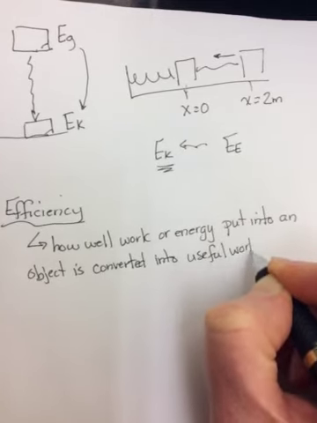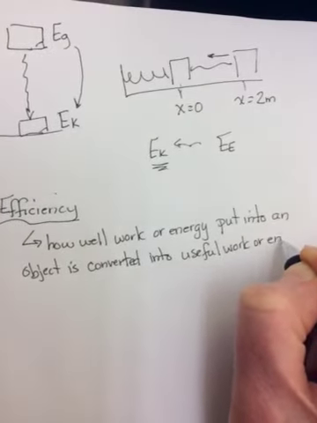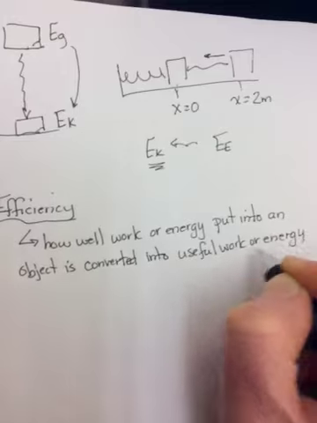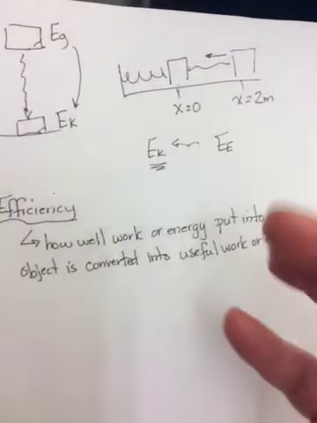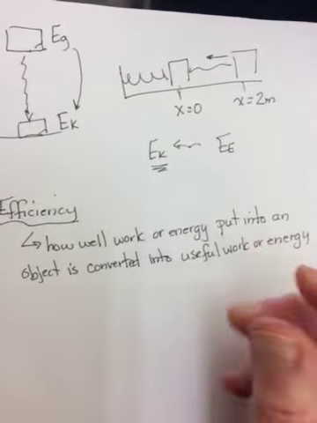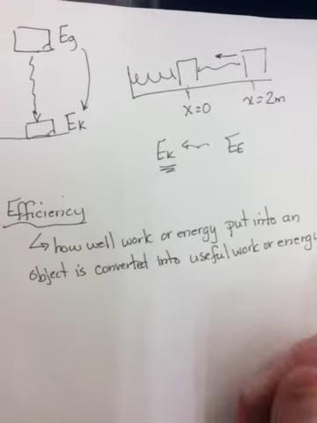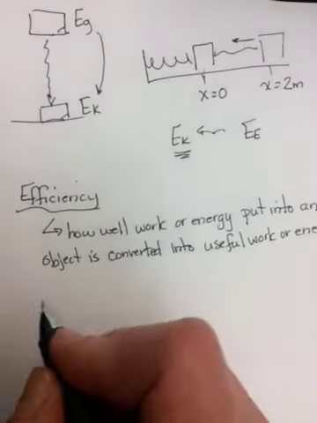So back to the example of the light, the useful work or energy would be the brightness of the light. The un-useful would be the heat of the light bulb. Okay? So we have an equation.